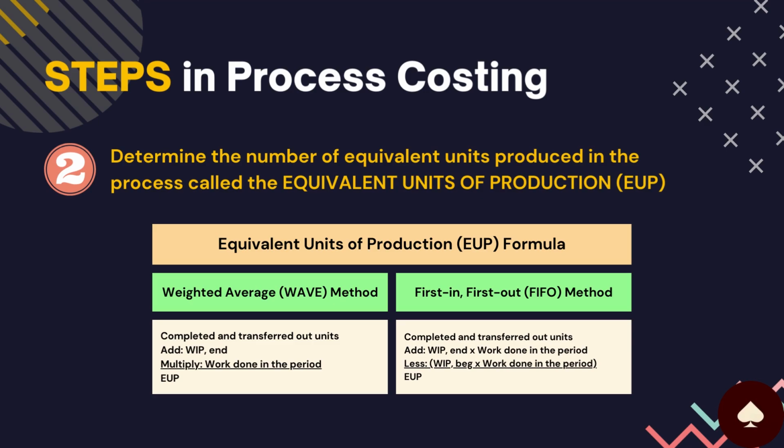On the other hand, to get the EUP under the FIFO method, all we need to do is to get the amount of the completed and transferred out units, add a product of the ending work in process multiplied by the work done in the period, and subtract the product of the beginning work in process multiplied by the work done in the period. The solution used in the example earlier is in fact a wave method approach.